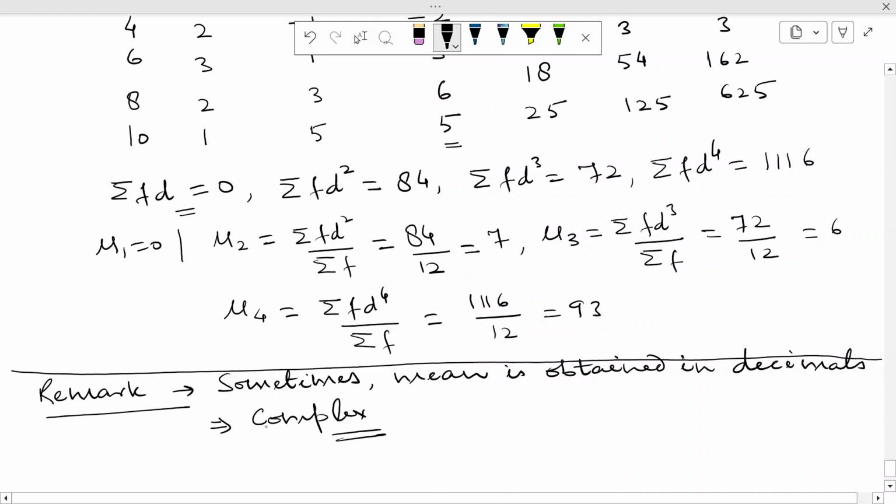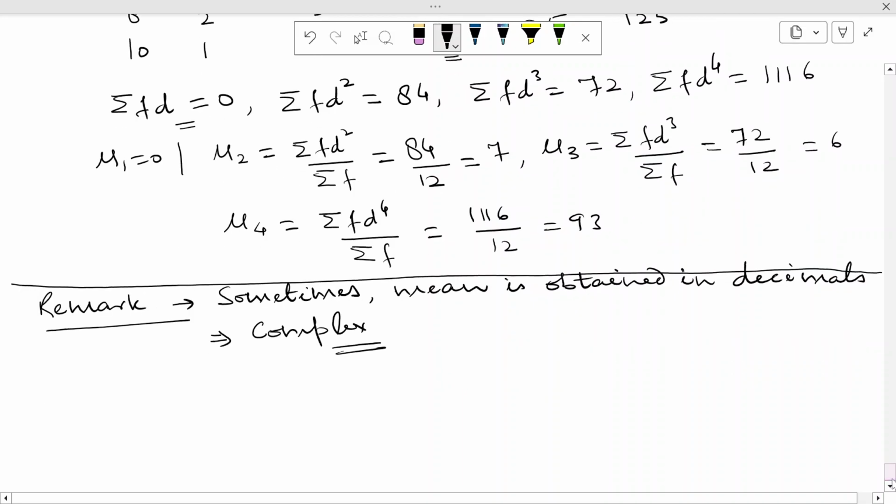So to avoid this, in this case we obtain the non-central moments.